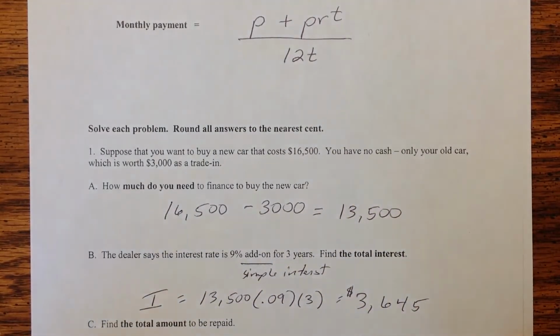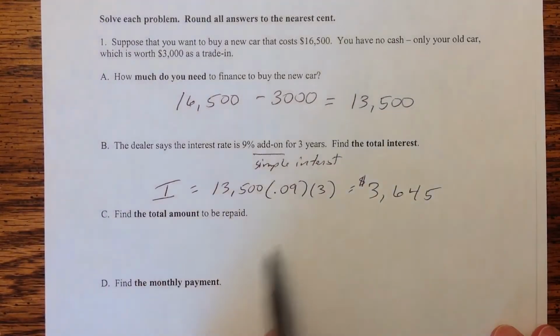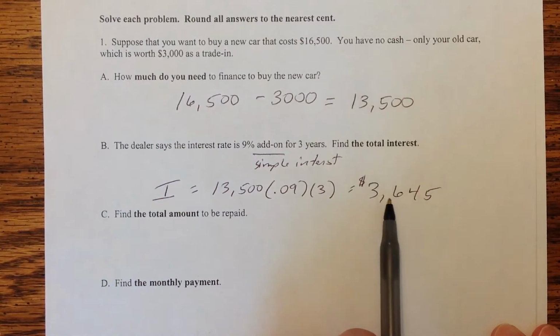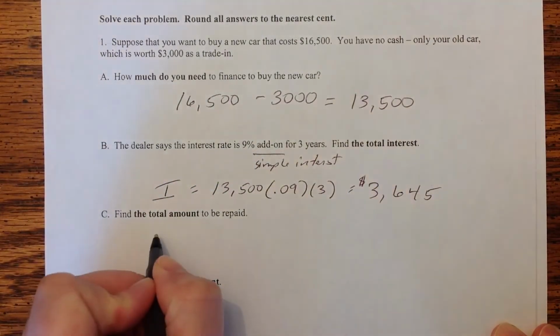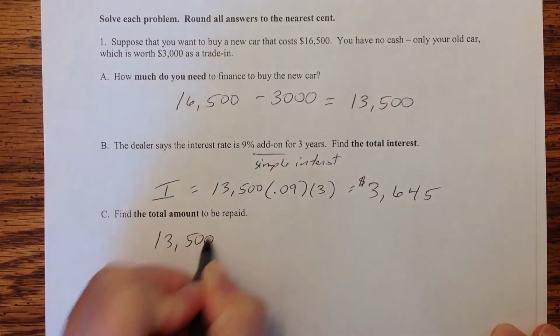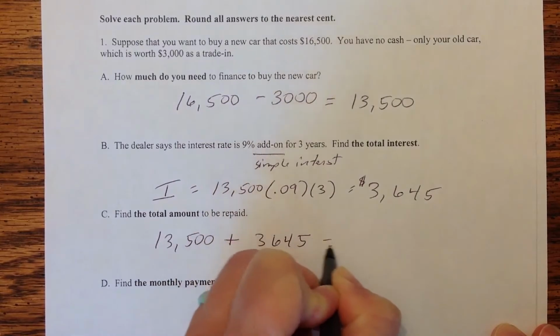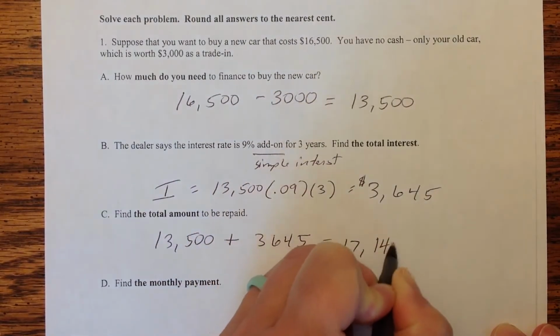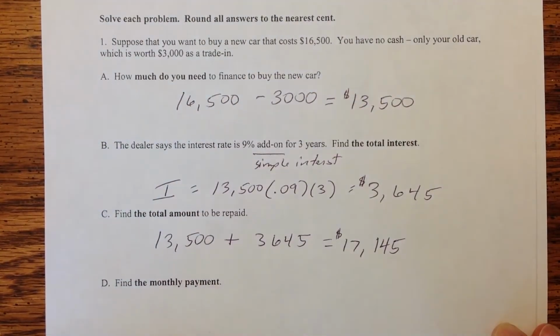So now the total amount to be repaid is what we needed to borrow and the interest that we are paying for them lending us this money. So the total amount to borrow would be 13,500 plus 3,645, which is $17,145. So that's the amount that we need to borrow.